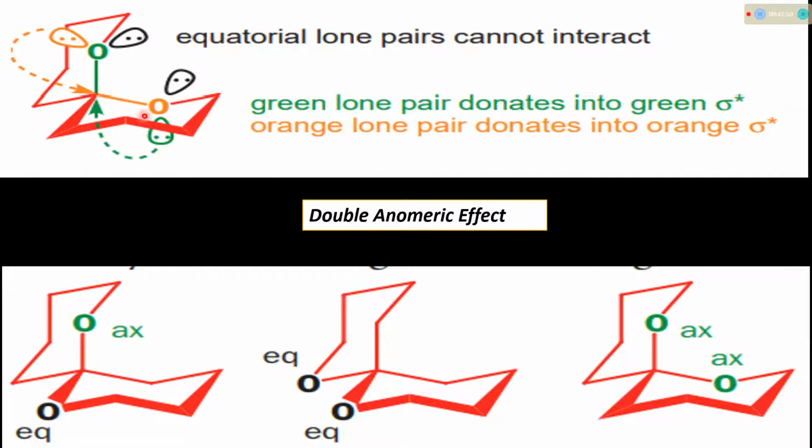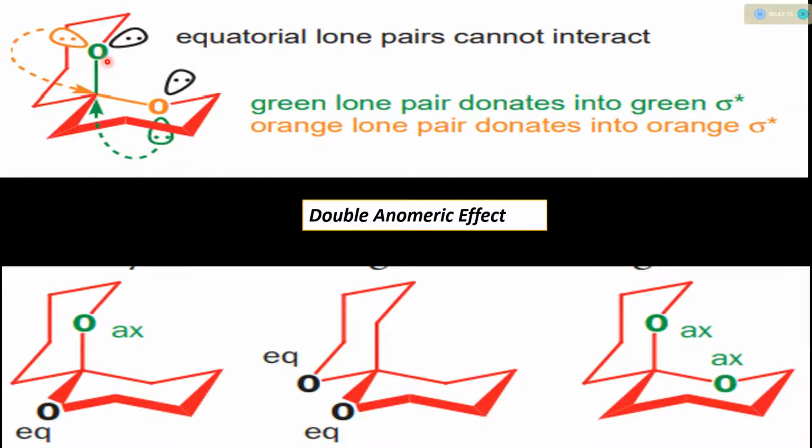So consider this cyclohexane, exclude this red part, and just consider this green part. This is an OMe kind of substituent. Due to the anomeric effect, a substituent containing an electronegative atom will rest in an axial position.